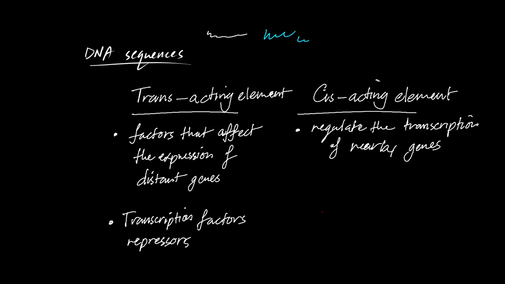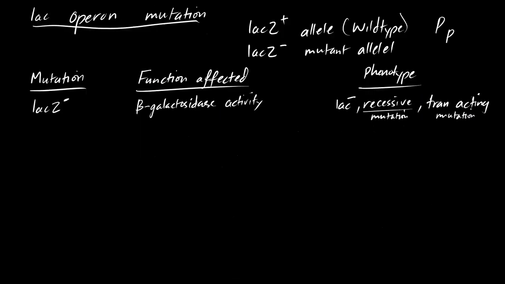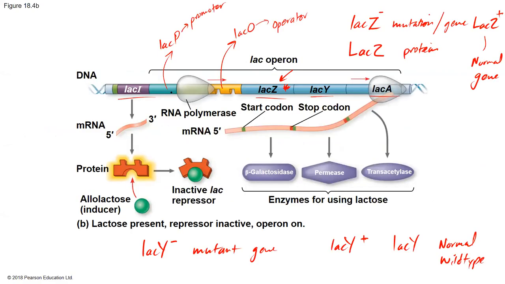So example of cis-acting elements, we have promoters, because promoters are sequences that regulate the expression of genes downstream of them, operators also. So here we have a promoter that basically drives or controls the expression of other genes on the same DNA molecule or nearby genes.